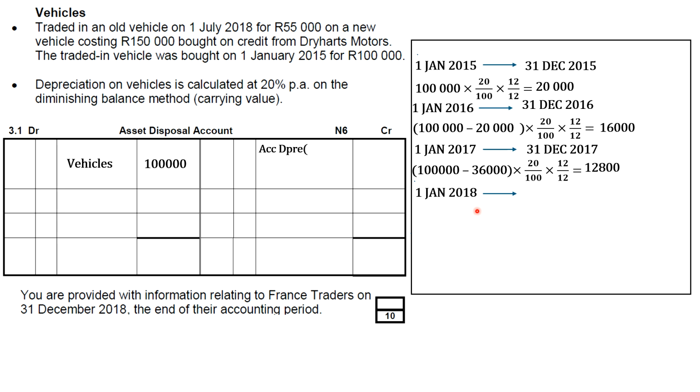Remember when I started, I said we're going to push our accumulated depreciation from when we bought the asset, which was 1 January, to when we sold it on 1 July. So when did we sell our asset? 1 July 2018. So now our accumulated depreciation for this year is going to be the 12,800 plus 16,000 plus 20,000.